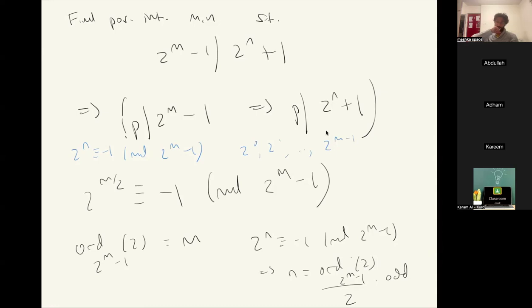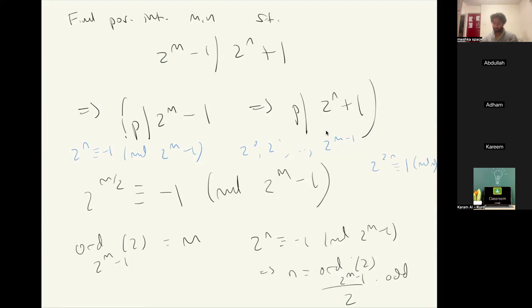And there's going to be exactly a unique solution here, right? Because otherwise the order would be smaller, right? Does that make sense? Yes. And we also know that twice the solution, 2n, would be 0 mod m.